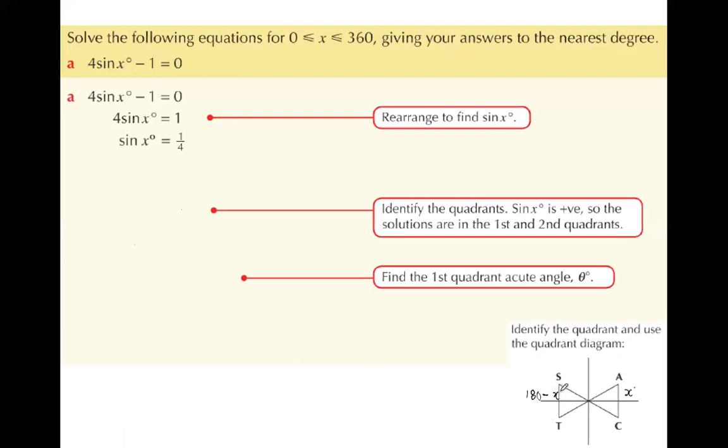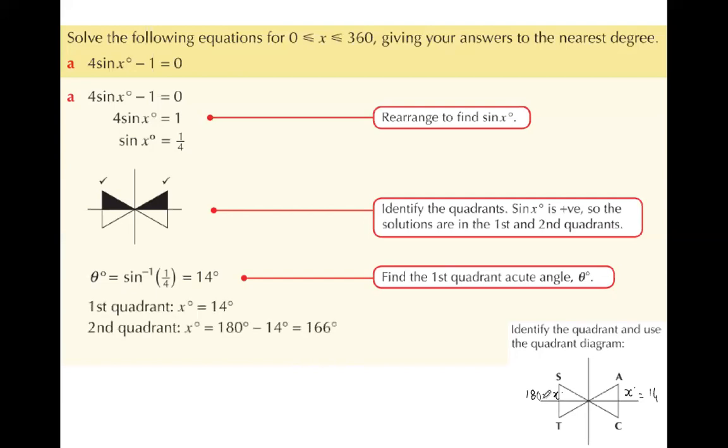If we find x using inverse sine of a quarter, I get my first angle, 14 degrees. x equals 14, and 180 take away 14 is 166.